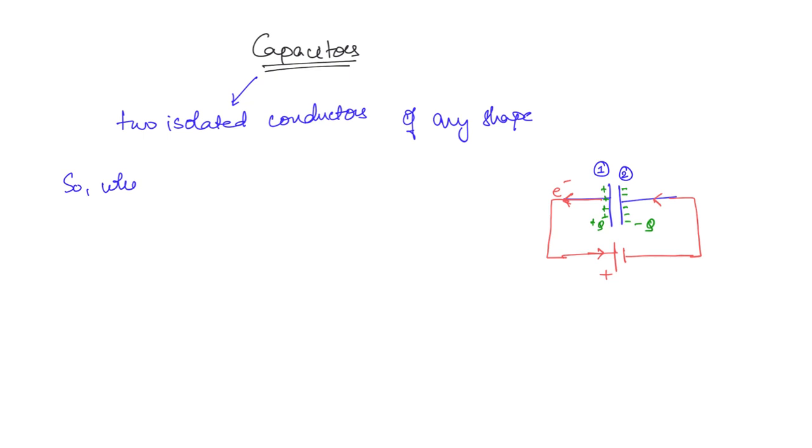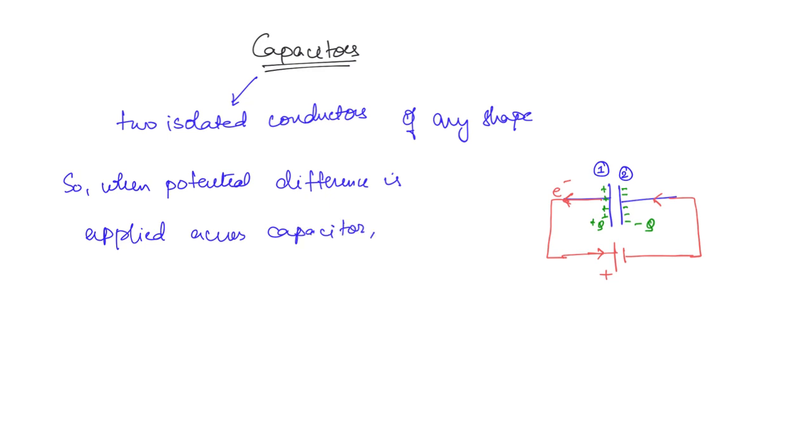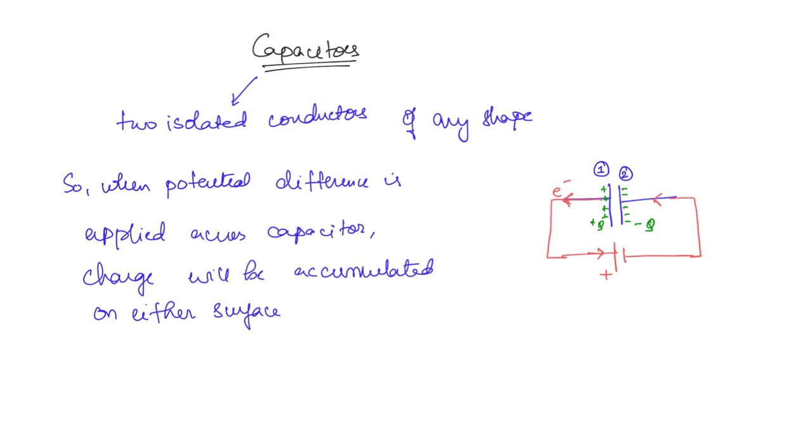So when a potential difference is applied across the capacitor, or across the two conductors, what will happen? Charge will be accumulated on the conductors. And what will be the magnitude of charge?